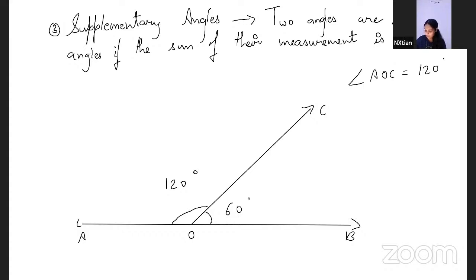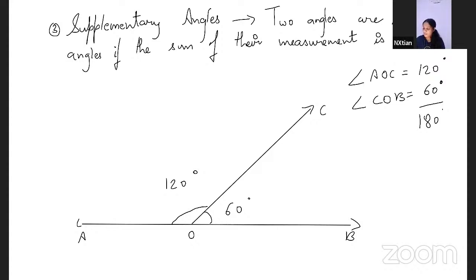Okay. And angle COD is how much? 60 degrees. If I add them up, I will get 180 degrees. That is a whole straight angle I will get.